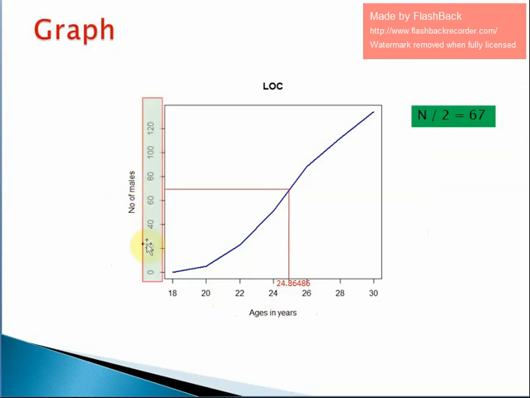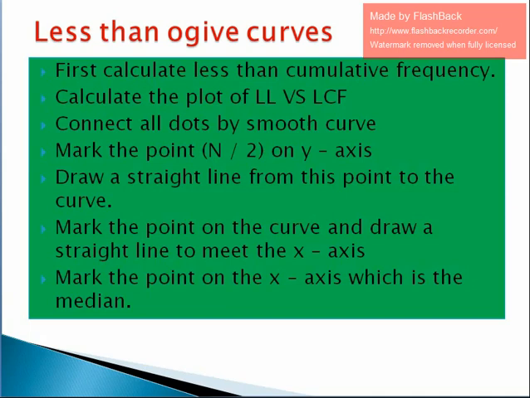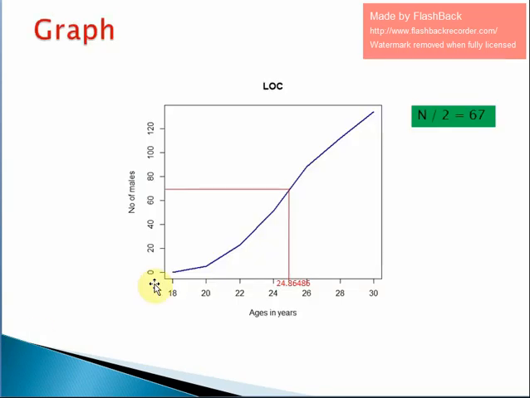The corresponding frequencies are taken on the y-axis. See, these are the points. All these points are connected by a smooth curve, and we will get the less than ogive curve graph. See, this is the graph of the less than ogive curve.